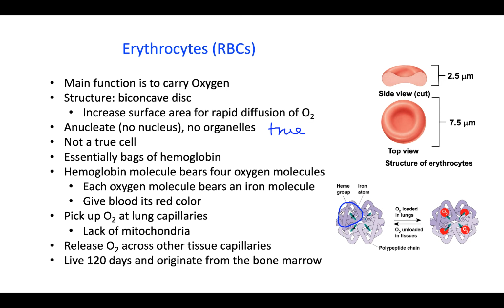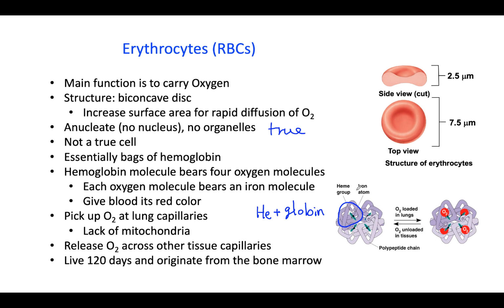And each polypeptide chain is called globin. And each polypeptide chain also has a heme group. So heme group with globin, we call them hemoglobin.